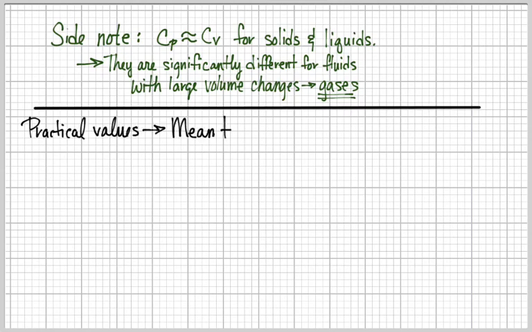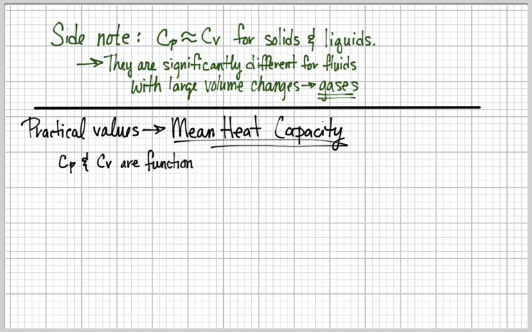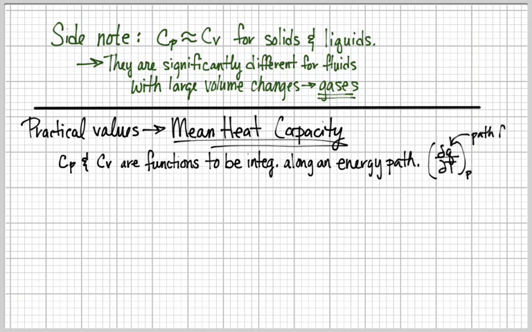Okay, the last thing I wanted to talk about was that we've been describing heat capacity in terms of functions. Cp and Cv, they are functions to be integrated along a path. And we know that a path is involved because Q is involved, and Q is a path function.